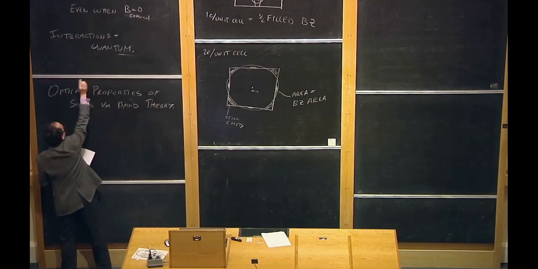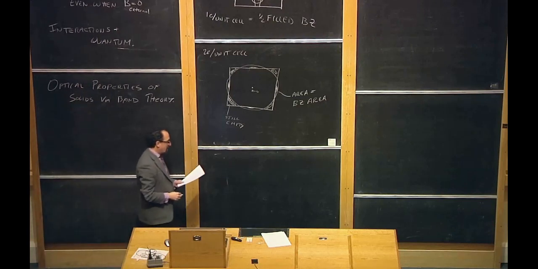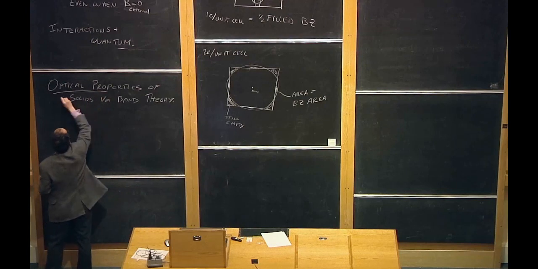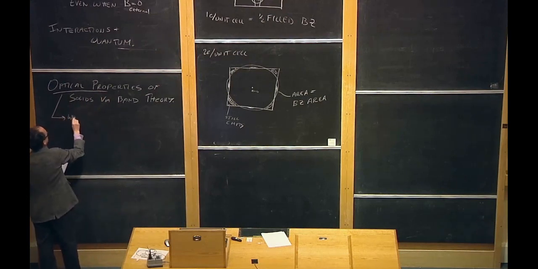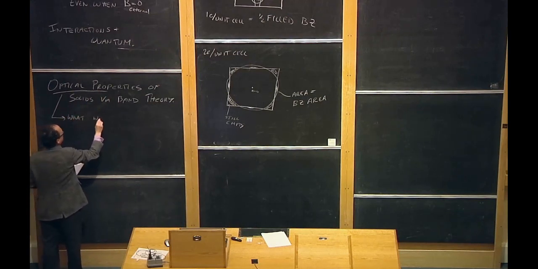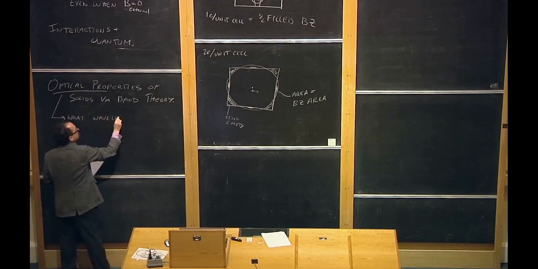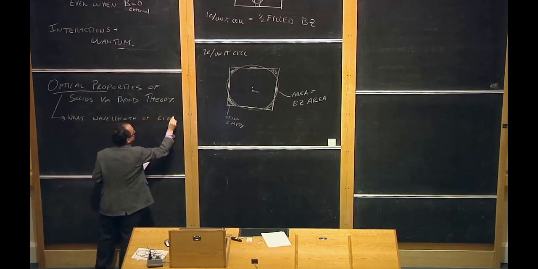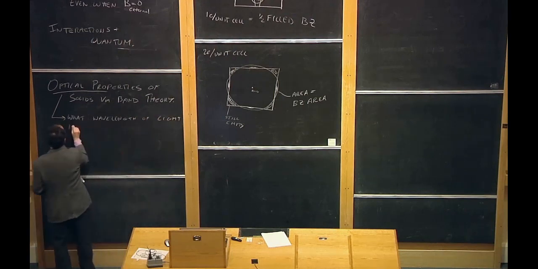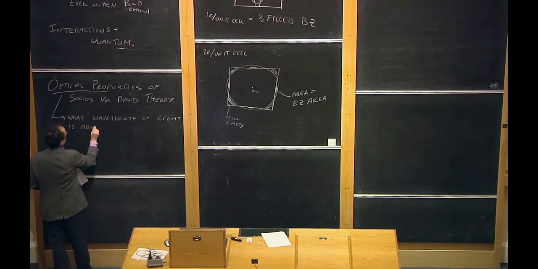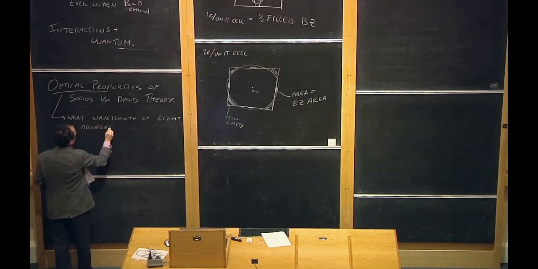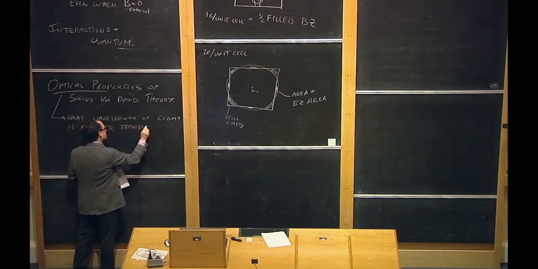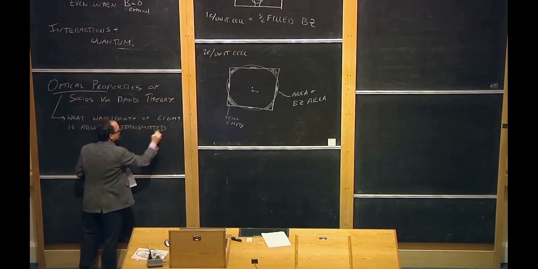So first of all, what do I mean by optical properties? What I mean by optical properties means what wavelength of light is absorbed, transmitted, or reflected.